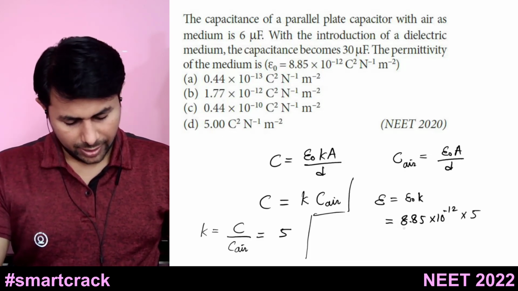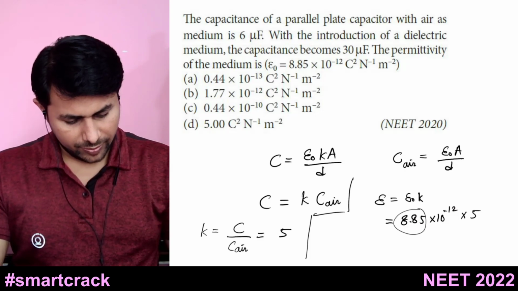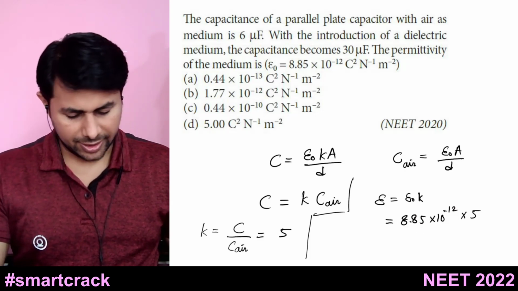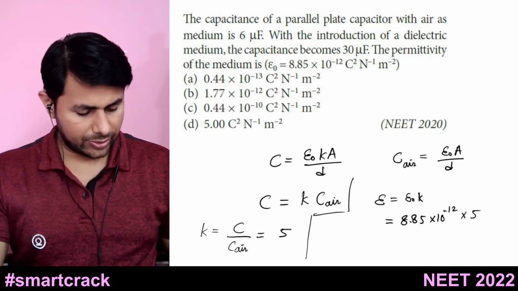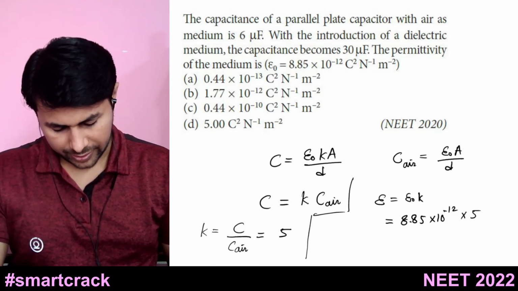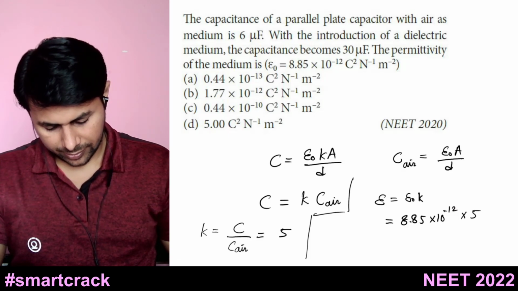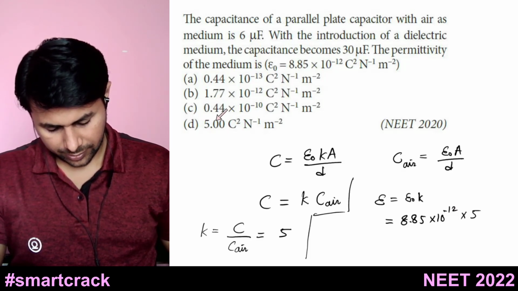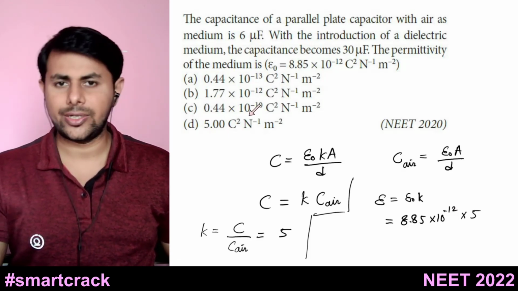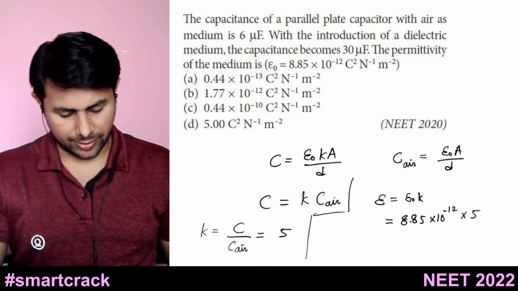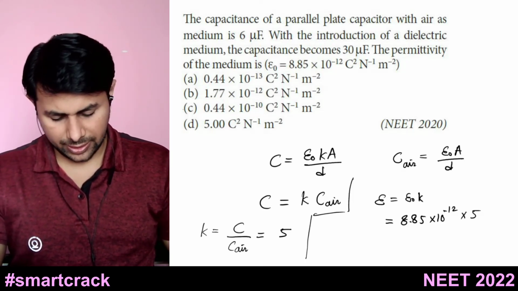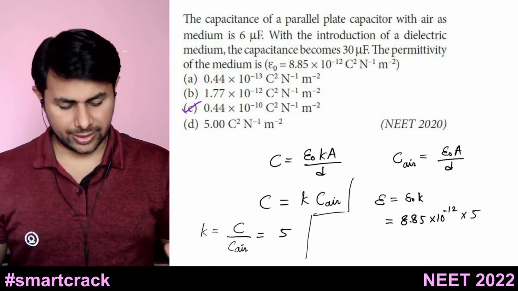So 8 5s are 40, so 40 times 10 raised to minus 12, or 4 into 10 raised to minus 11, would be the answer. Or 0.44 into 10 raised to minus 10. This should be the answer. Very simple.